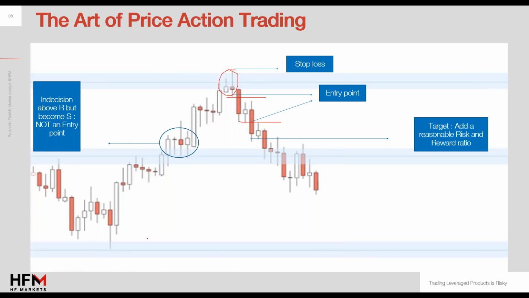Or the one before it, or you can even measure the distance between the past support and resistance and set it at the same distance from the entry point. So what I did over here, I measured the distance between the support and resistance level. If I assume that I missed this entry and I had this as my entry, then I have to measure the same distance from the entry point in order to find my target.